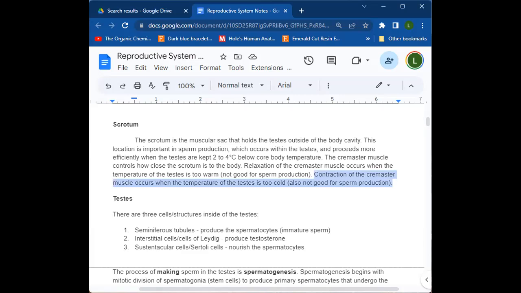That would happen if the temperature of the testes is too low. But if the testes are too warm, which is not good for sperm production, the cremaster muscle would relax, allowing the testes to move farther away from the body, and that would help cool them off.